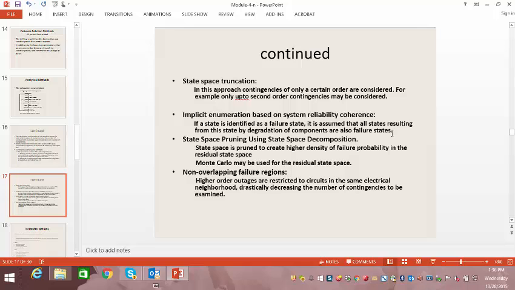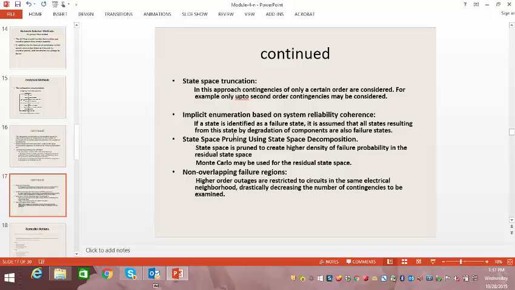For example, the methods based on the minimal cut sets use this basic idea and thereby reduce the burden of having to examine every possible state.